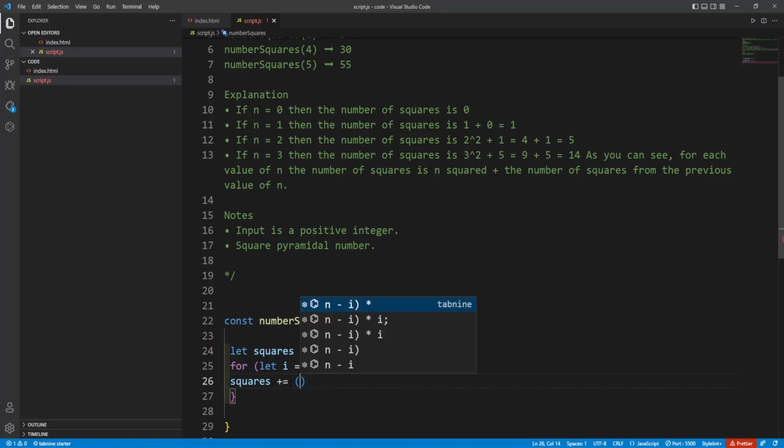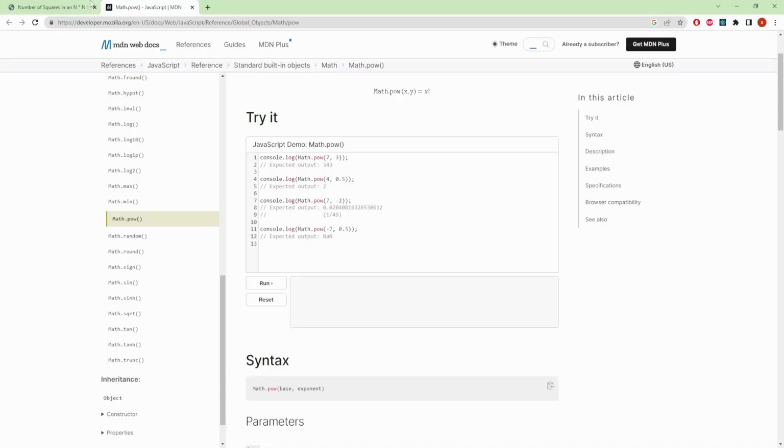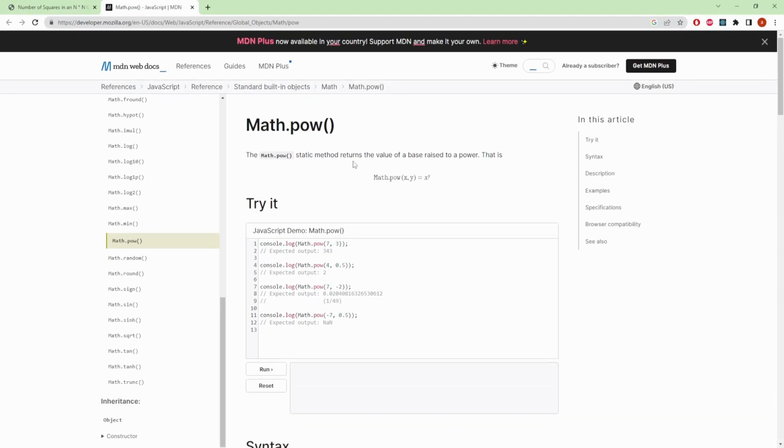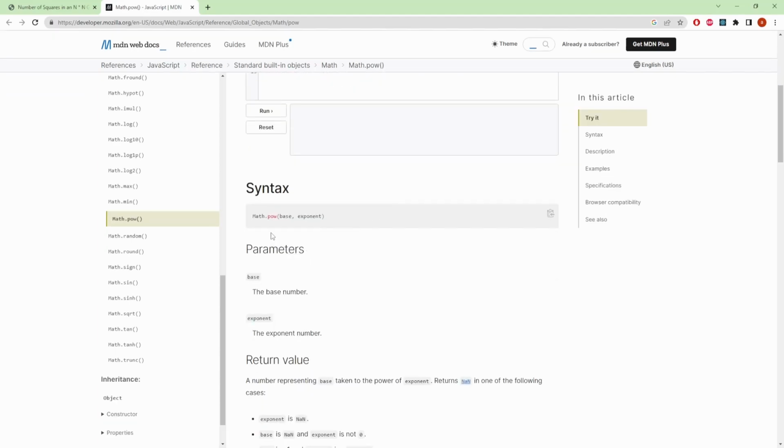Oh, before going there, let me show you what Math.pow means. If you go to the MDN docs, you can see that the Math.pow static method returns the value of base raised to the power of the exponent. So that means that in Math.pow, the first one is going to be the base and the second one is going to be the exponent.